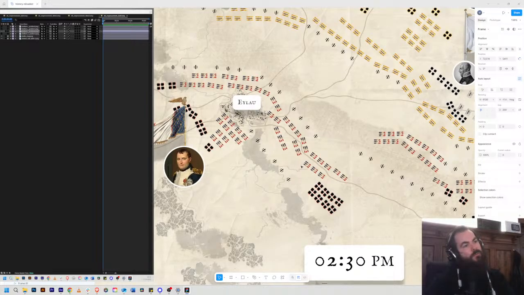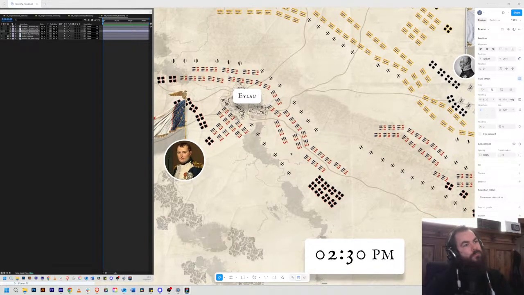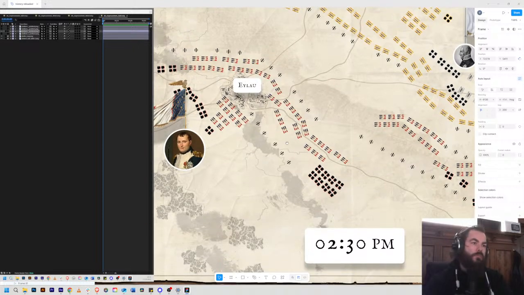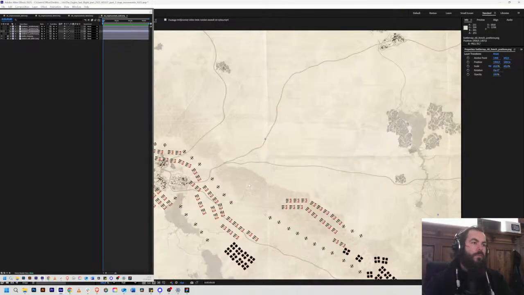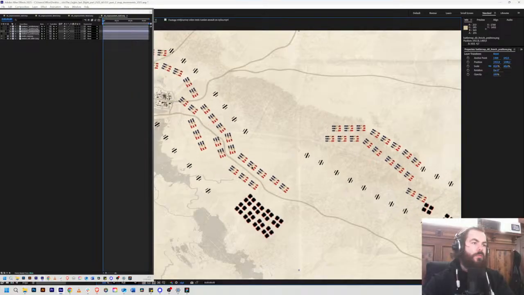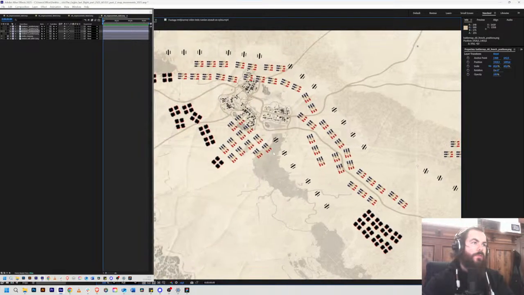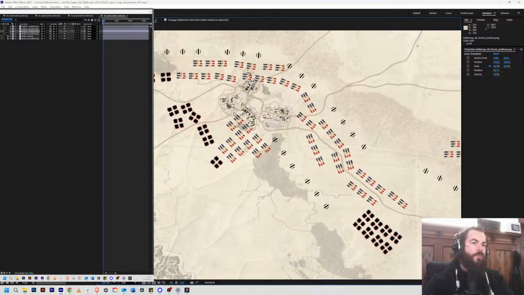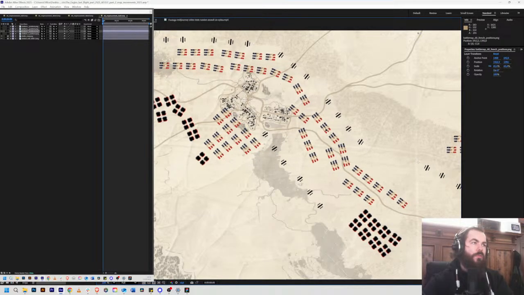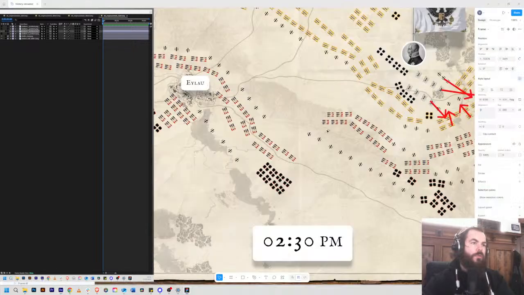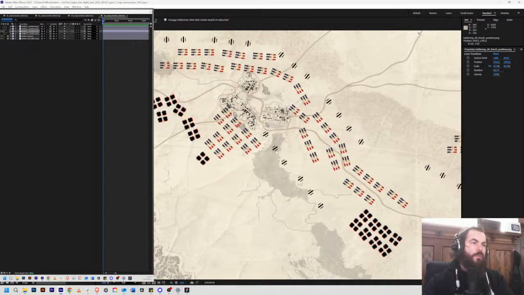Let's see. Like this one here. Put it here. Let's have the right side. The right side looks quite right.